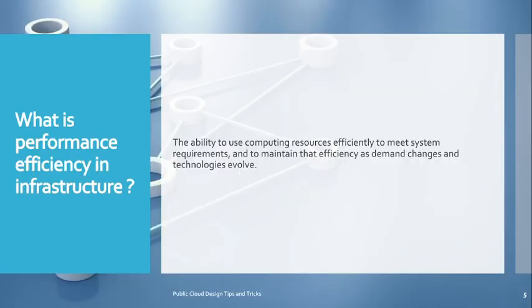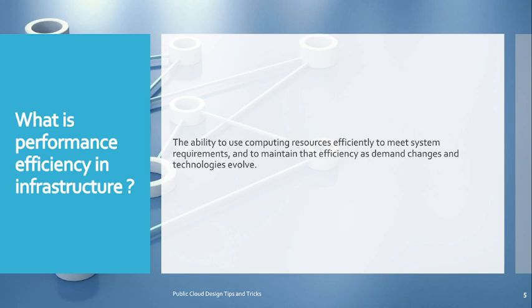Now, what is performance efficiency in infrastructure? It is the ability to use your compute resources, databases, or network efficiently to meet system requirements and to maintain that efficiency as demand changes and technology evolves. You can think about systems hosted on-premise, and as technology evolves, you move towards the public cloud era, or artificial intelligence or machine learning environments.